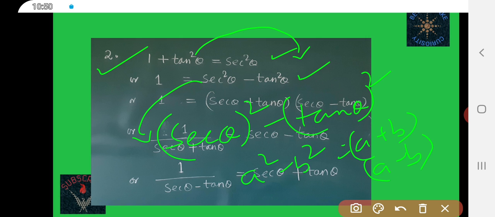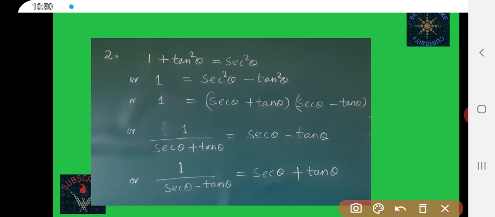This identity you can use. Here a is sec theta, b is tan theta. So a square minus b square is equal to a plus b into a minus b, that is sec theta plus tan theta into sec theta minus tan theta.